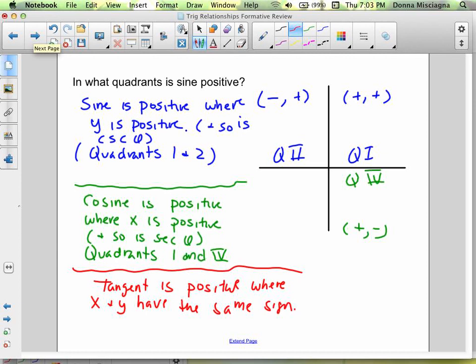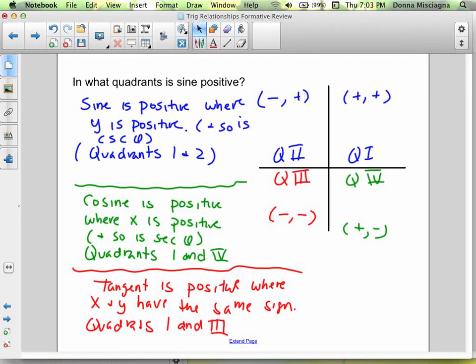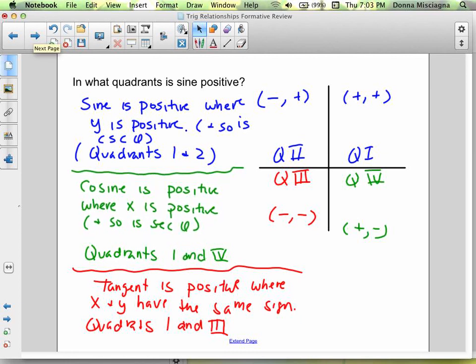That's either the first quadrant where they're both positive or the third quadrant where they're both negative. Right? So this is quadrants 1 and 3.